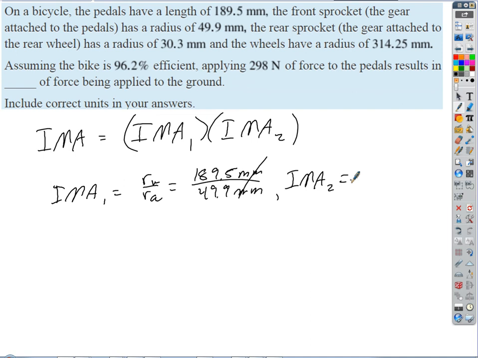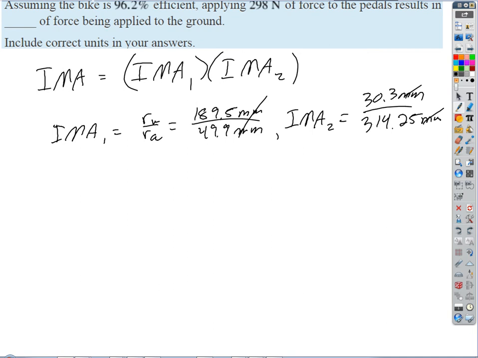So that one's going to be 30.3 millimeters divided by 314.25 millimeters, right? So this first one has a large theoretical mechanical advantage. The next one has a really small one, less than 1. If I want to find the overall combined mechanical advantage, it's just going to be that times that, right?